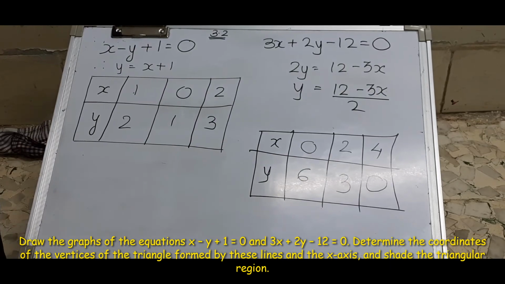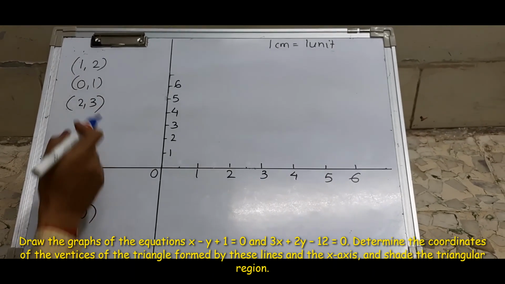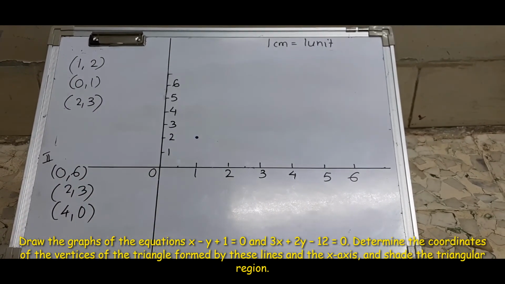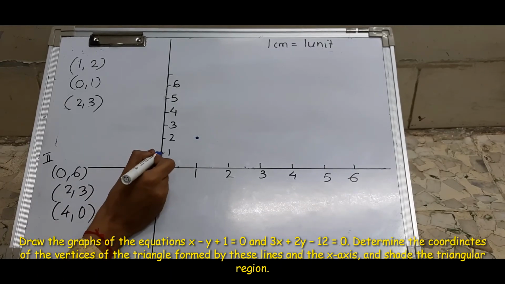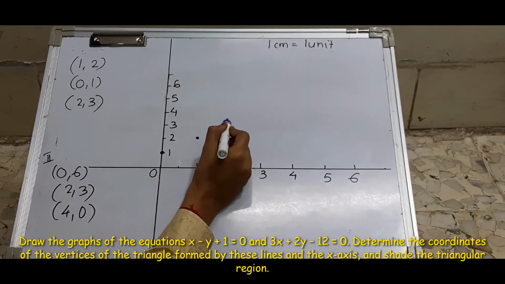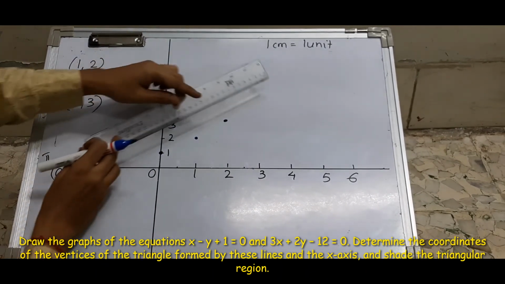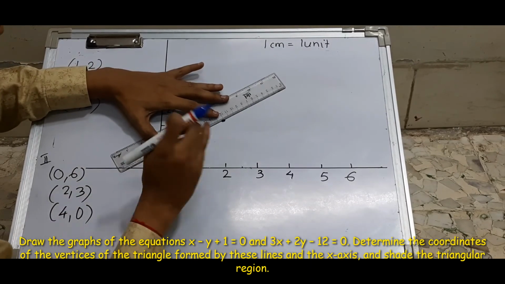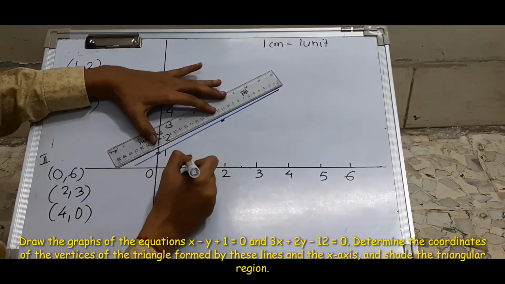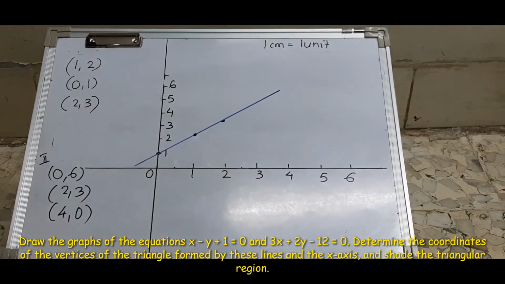Okay, let's draw the graph. Let's plot the point 1, 2. It will be here. Then 0, 1 on the y-axis. 2, 3 here. So I'll join them. I'll get a line. 1, 2 is here. Okay. This is my first line.